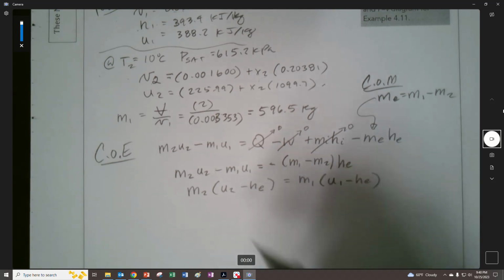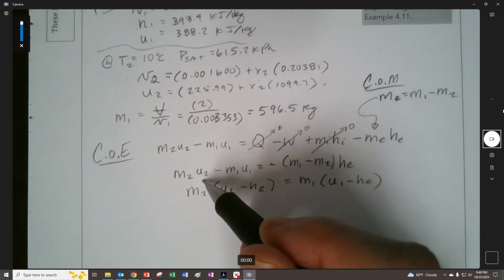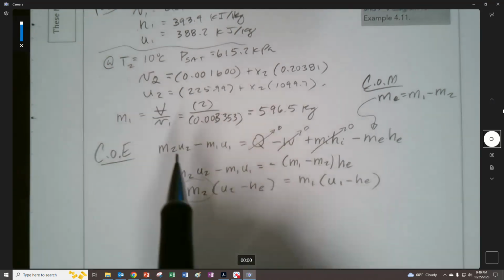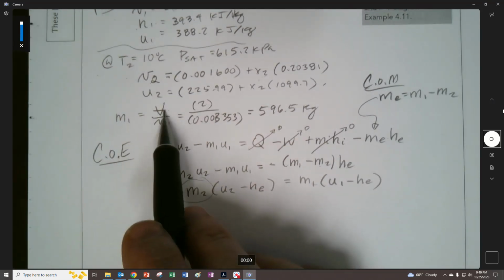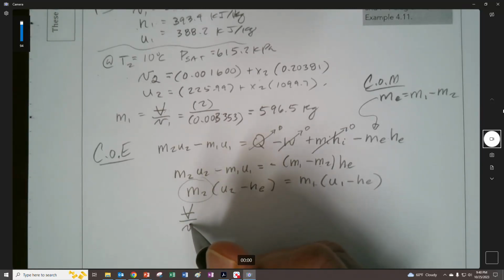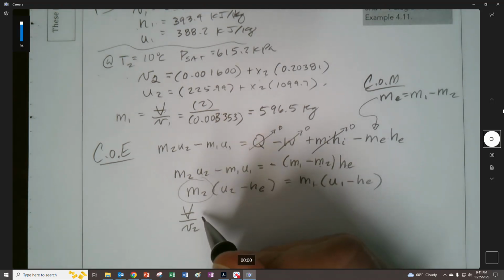And here's the joke that they're doing here. We already have M1, we have that value, but we don't have M2, but we do know the volume, right? So we can go V over specific volume times this.